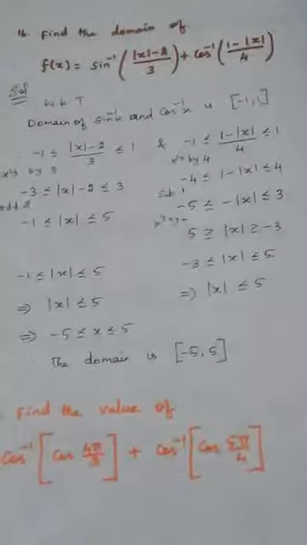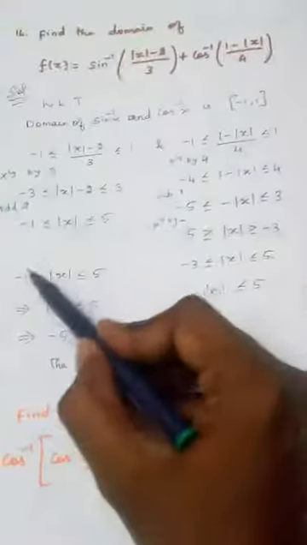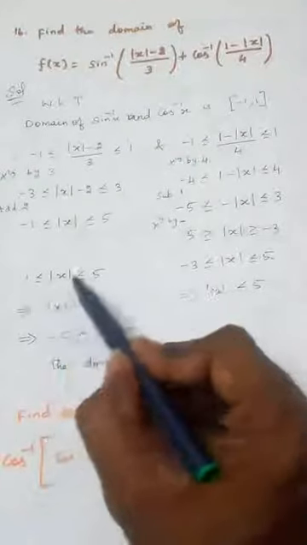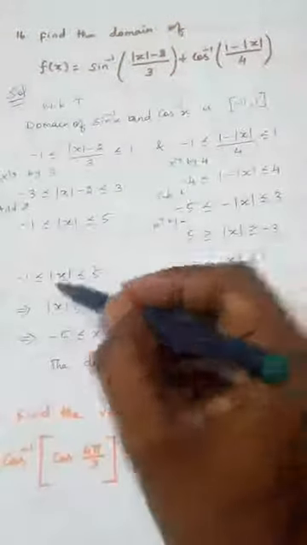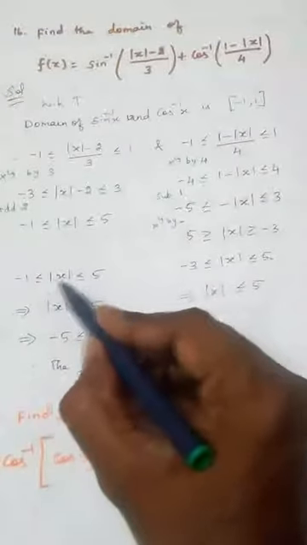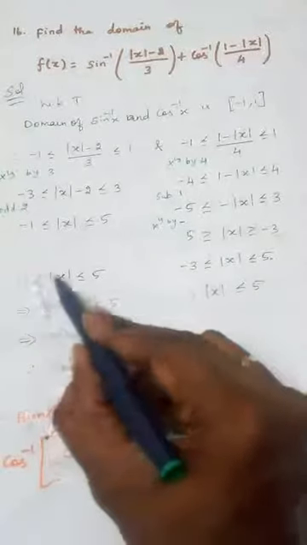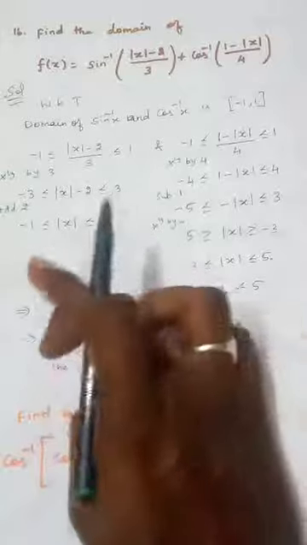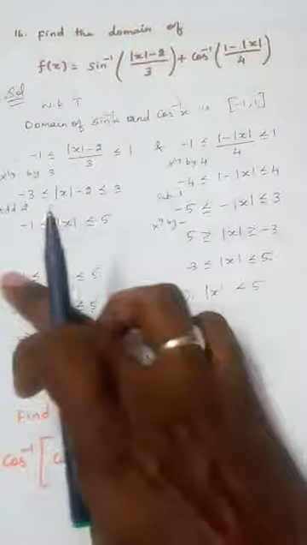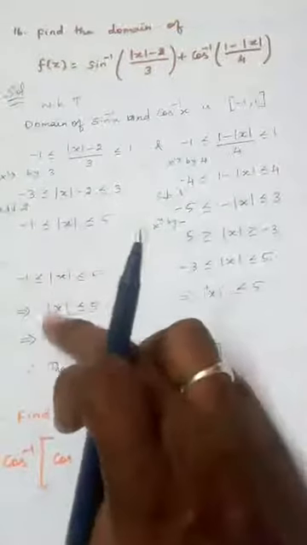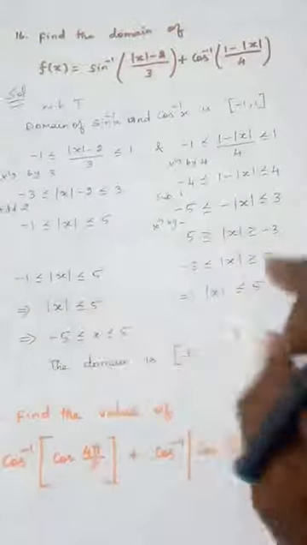Yes or no? Because we know very well modulus value will always be greater than a negative number. Since this is modulus, it will be a positive number, and definitely a positive number is greater than a negative number, so this is obviously true. So we need not insist on this; we should only insist on modulus x less than or equal to 5.